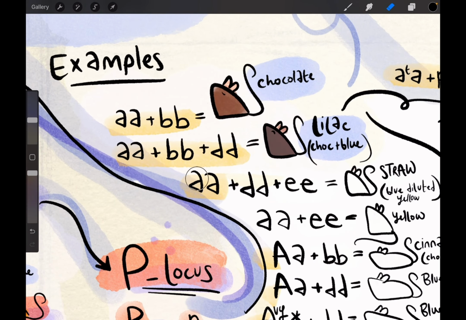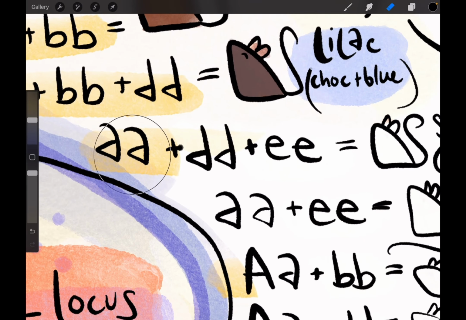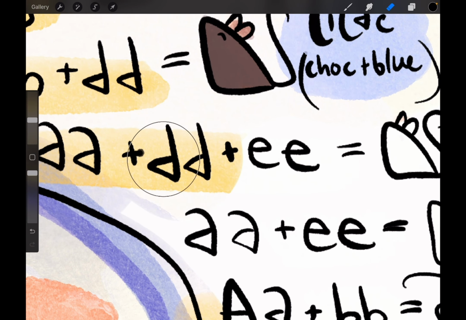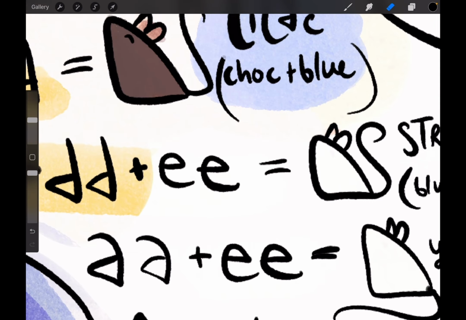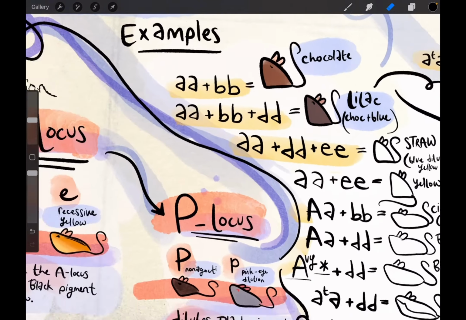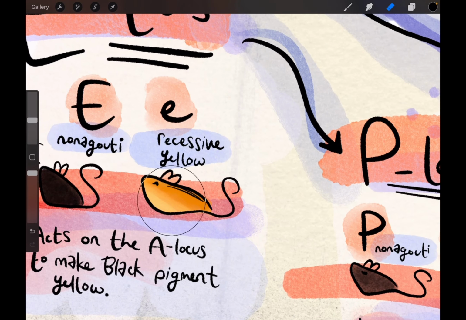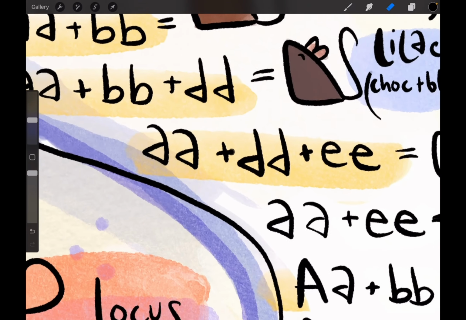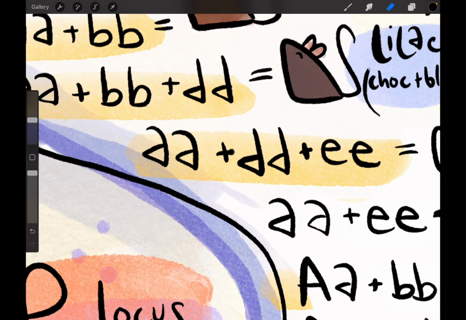Next up, we have black self again, homozygous AA, plus that blue, lowercase dd, homozygous, plus ee, which, if you remember, is our extension locus, recessive yellow. So we know that black self, no pheomelanin to be seen. Blue on top of black self will dilute all of the black to blue. And ee, if you remember, dilutes black pigment to yellow.